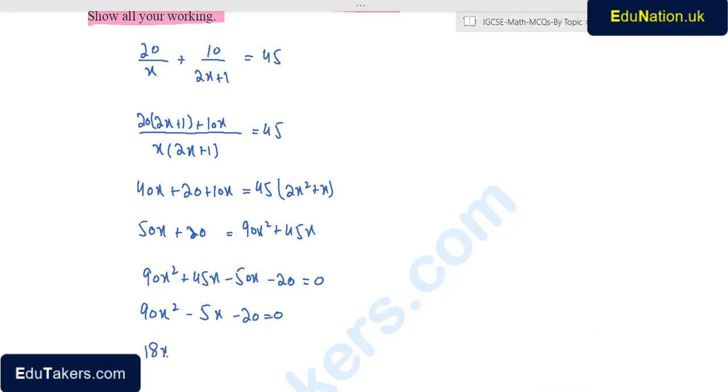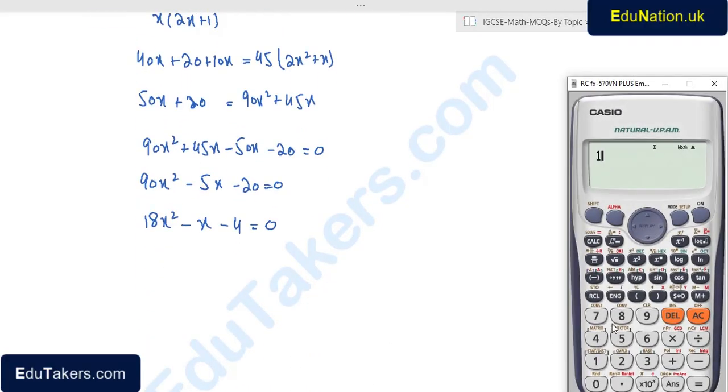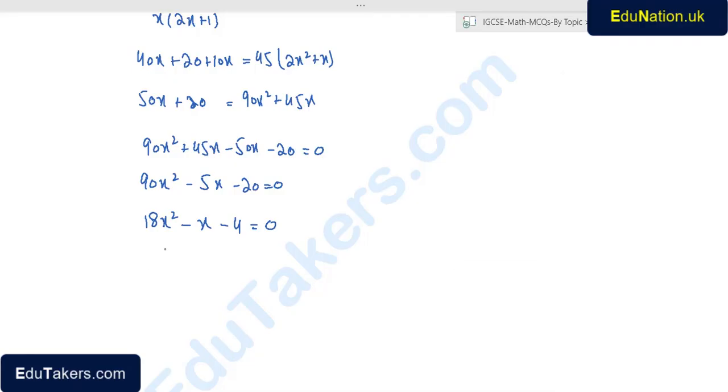This is 18x squared minus x minus 4 equals 0. Now 18 times 4 is 72. So by factorization, 18x squared minus 9x plus 8x minus 4 equals 0.